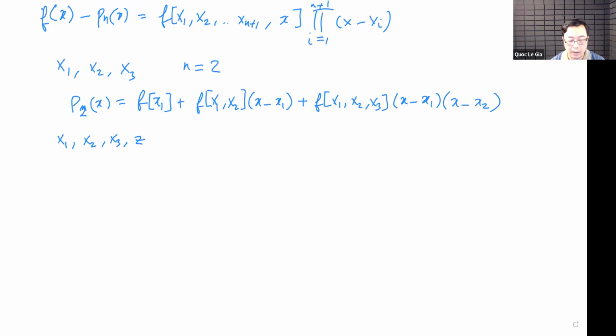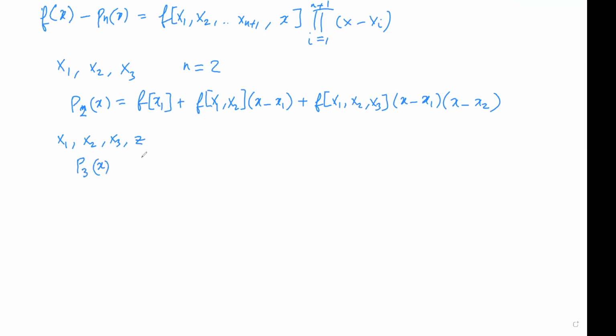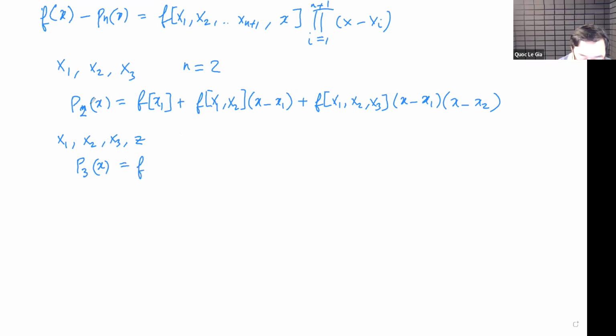You can see that now we have an extra point z. So I have to increase the degree of the polynomial. Now I will take P3. Before, you had 3 points, so you used only quadratics, but now you have 4 points, so you have to use a cubic.